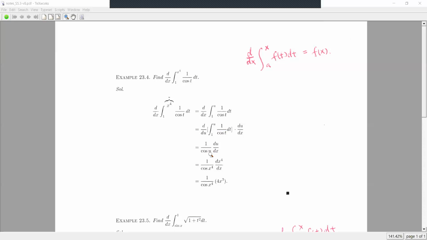By u, I mean x to the 4th. Now plug in x to the 4th for u. Then I get this equation. Derivative of x to the 4th is 4x to the 3rd. So this is the answer to this question.